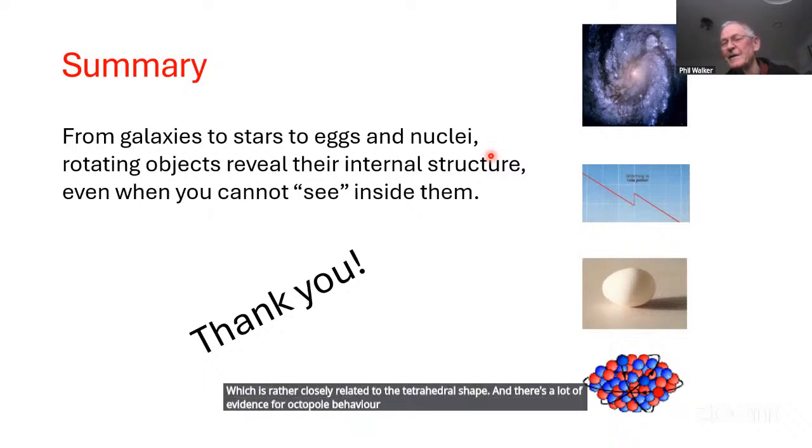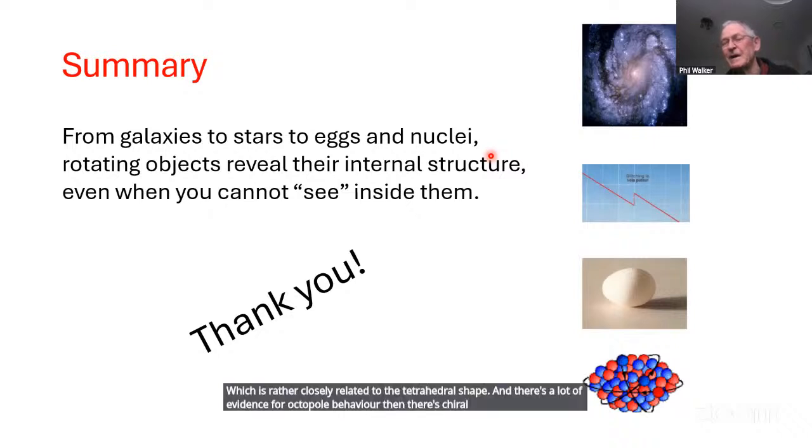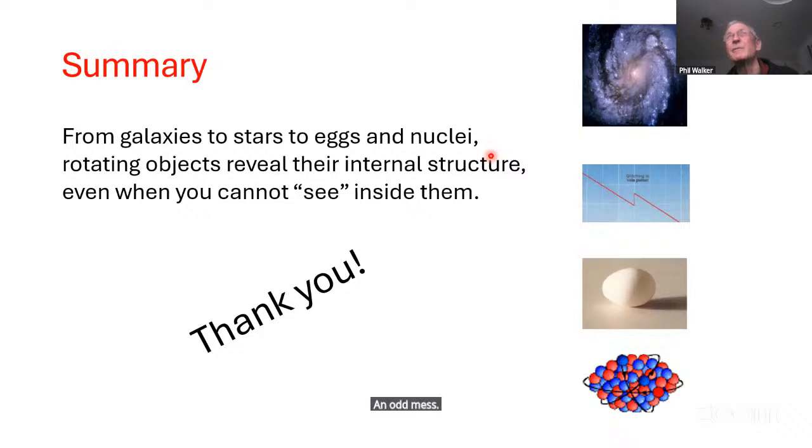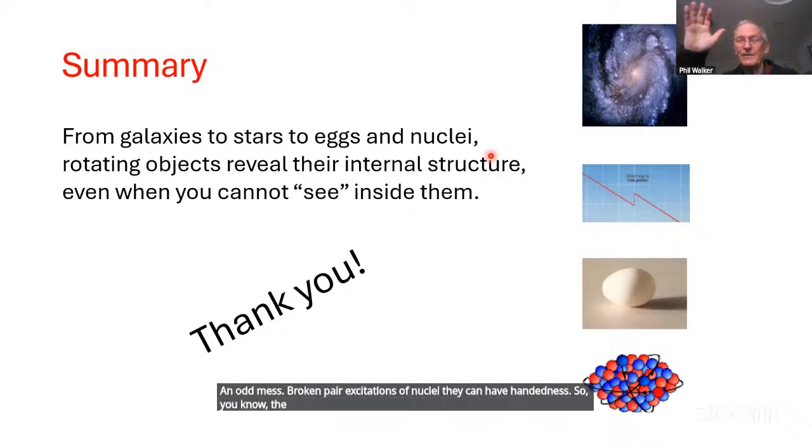Then there's chiral properties of nuclei, chiral symmetry. So there are, particularly in odd-mass nuclei, broken pair excitations of nuclei, they can have handedness. You can't superimpose a right hand on a left hand.